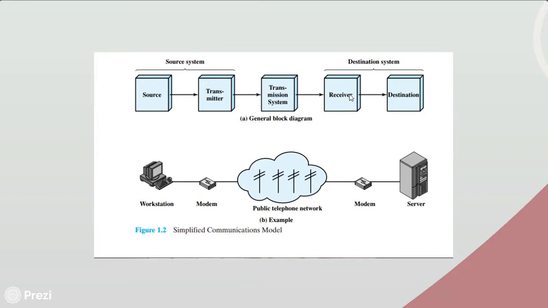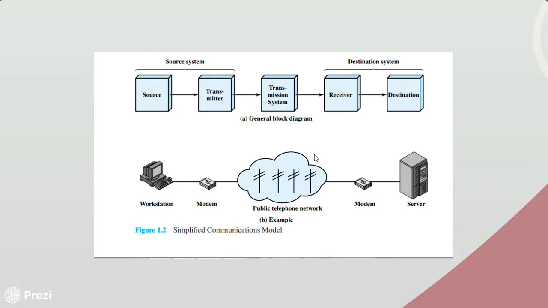Next is the receiver. The receiver accepts the signal from the transmission system and converts it into a form that can be handled by the destination device. For example, a modem will accept an analog signal from a network or transmission line and convert it into a digital bit stream. And finally, the destination takes the incoming data from the receiver.